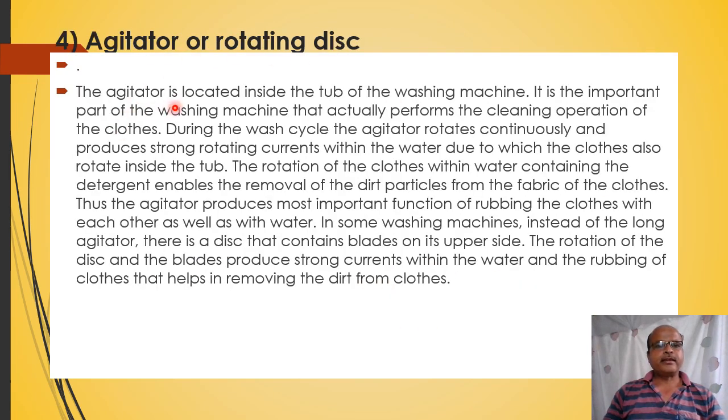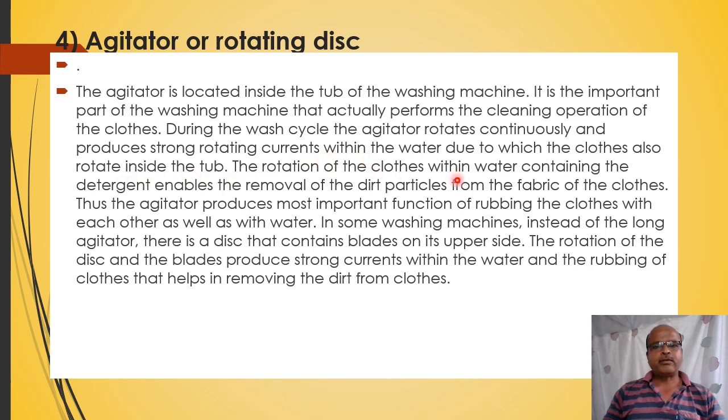Then agitator or rotating disc. The agitator is located inside the tub of the washing machine. It is the important part of the washing machine that actually performs the cleaning operation of the clothes. During the wash cycle the agitator rotates continuously and produces a strong rotating current with the water, due to which the clothes also rotate inside the tub.